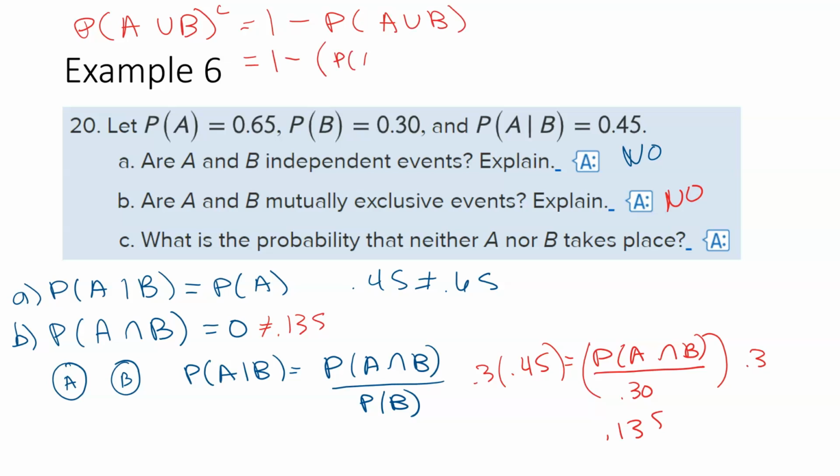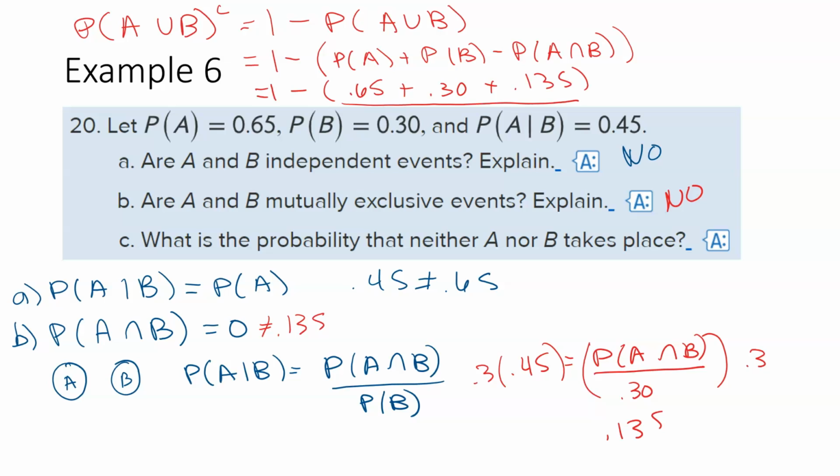A or B is the probability of A plus the probability of B minus the probability of A and B. Whew. So that's 1 minus 0.65 plus 0.30 minus, and we figured this one out, the intersection here was 0.135. Make sure you add all these up first and then subtract. So we're going to do 1 minus all that, and we get 0.185. That is the probability.